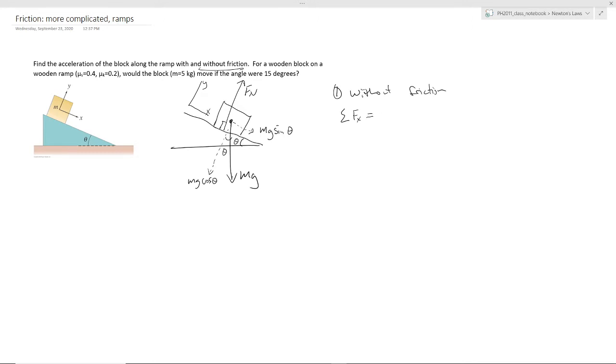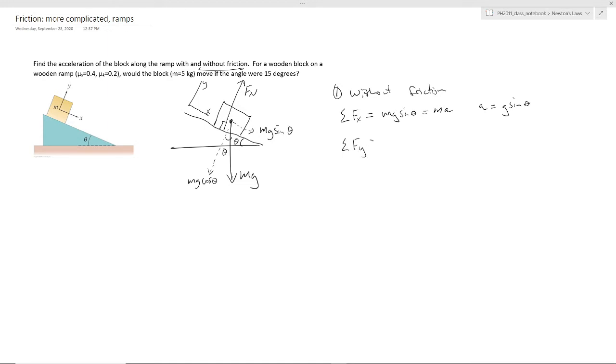If we sum the forces in x, what do we find? We have mg sine theta, the only component that's pointing along x, that'll equal the mass times the acceleration. And this is our familiar expression that the acceleration will go like g sine theta. And notice it doesn't depend on the mass.